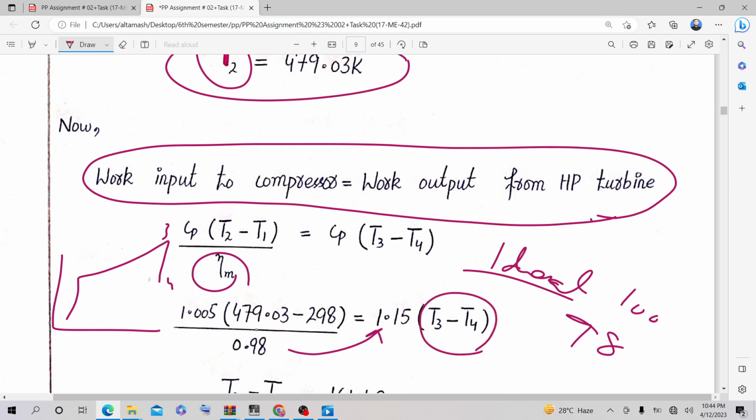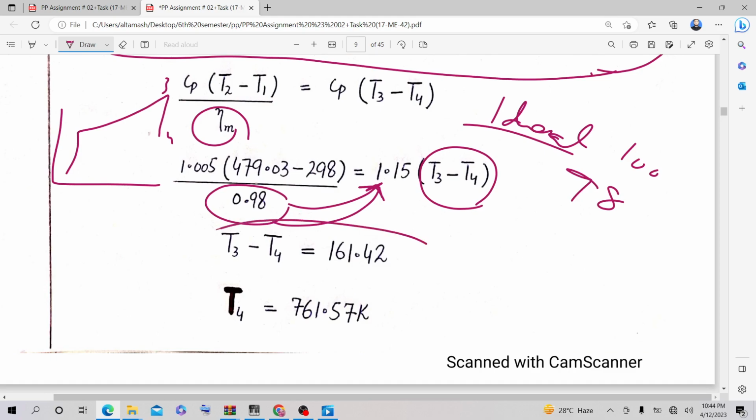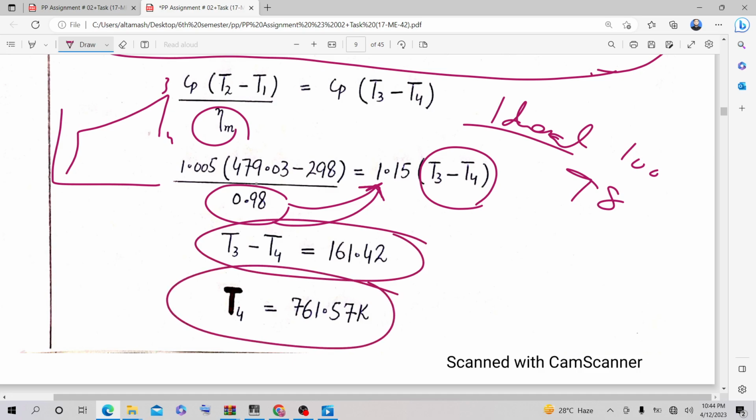And I will multiply 0.98 with it to equalize it to get the work input to the compressor. So it is equal to T3 minus T4, that is equal to 161.42, and T4 is equal to 761.57 Kelvin. So simple.